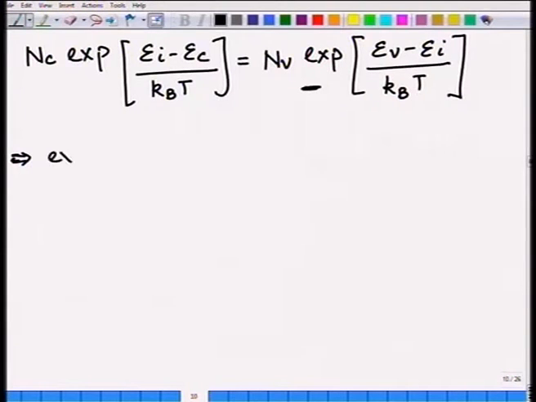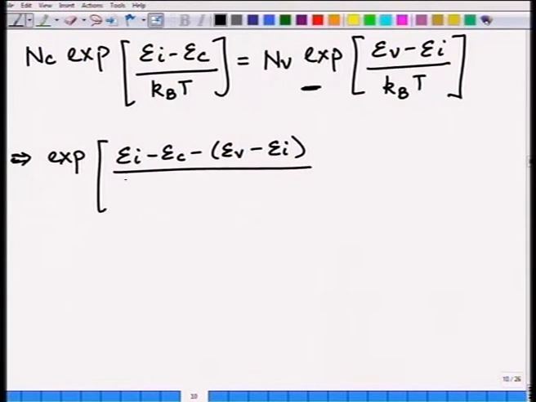I will write this as e to the power EI minus EC minus EV minus EI, this whole thing divided by kBT, equal to NV by NC, and now let us take log on both sides.